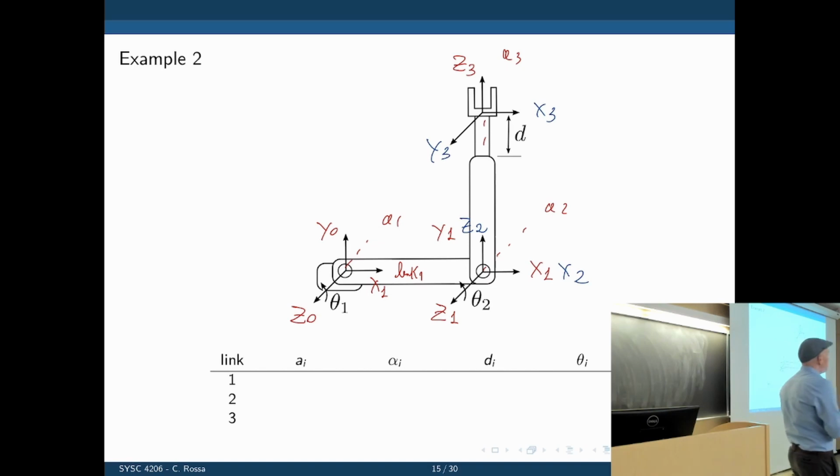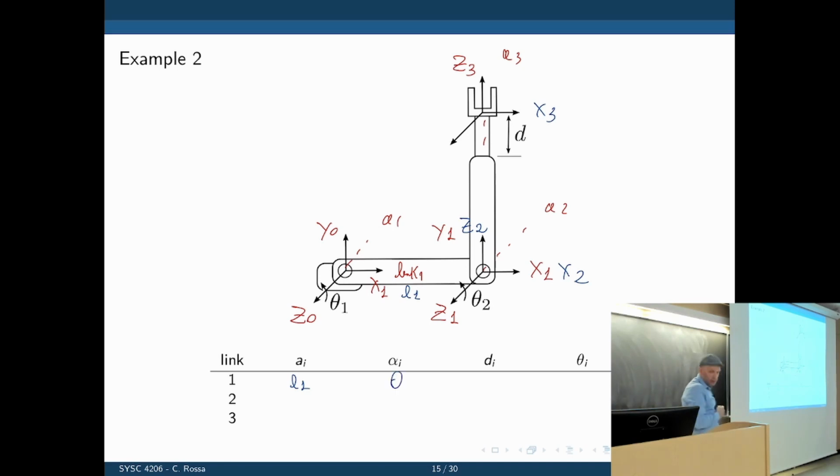The translation of z1 and z0 with respect to x1 is the length of that link, so let's call that L1. Then alpha 1 is the rotation of the z-axis around x. Did the z-axis rotate? No, they're still pointing out of the frame, so it's 0.